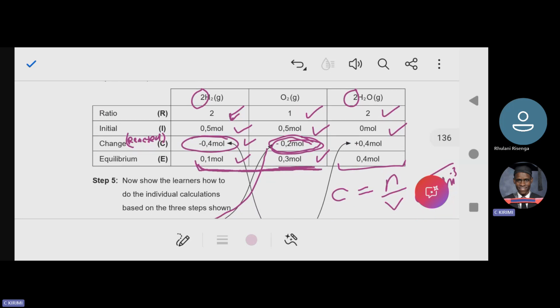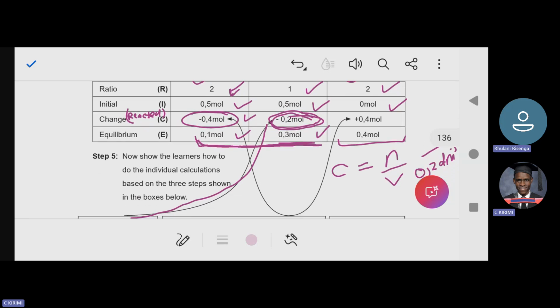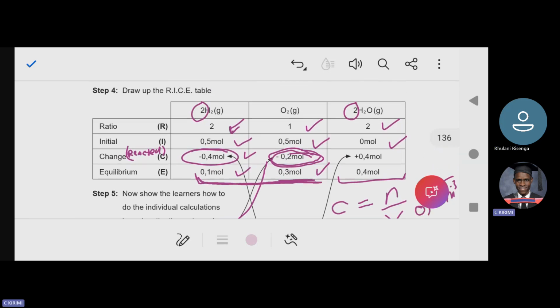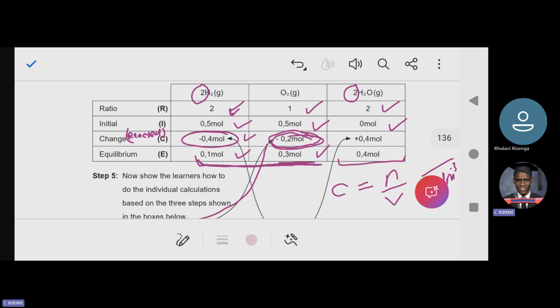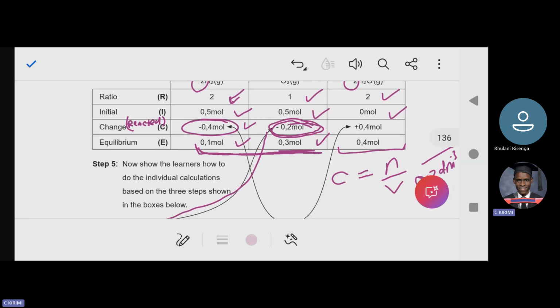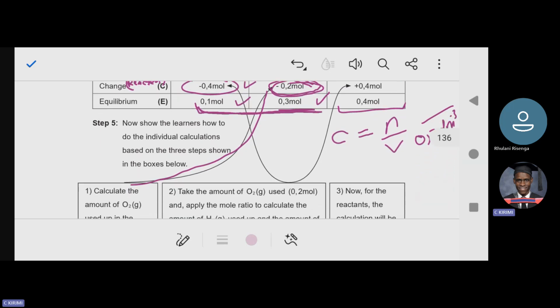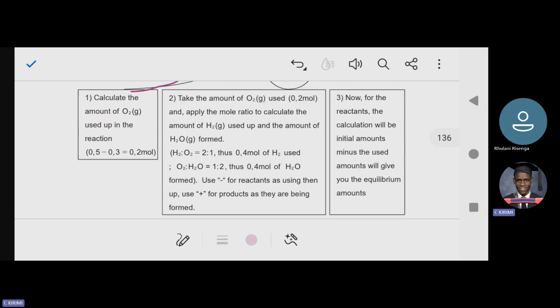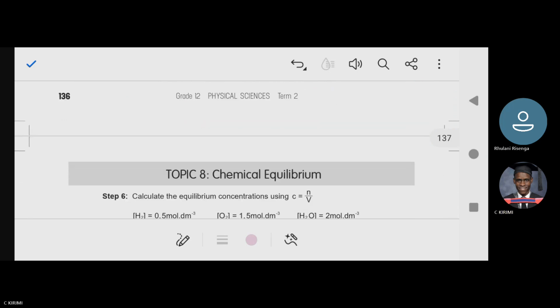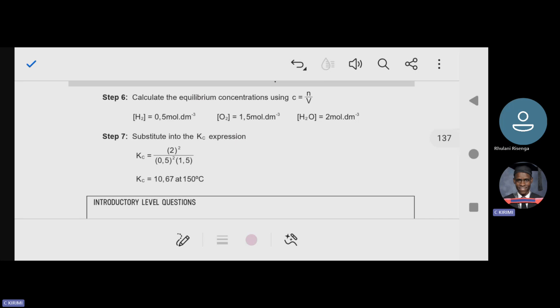Concentration of hydrogen, then you square. Concentration of oxygen, we are not squaring, but we divide by the concentration using those numbers of moles. Not the number that reacted, but the number of moles at equilibrium. So if you want the concentrations for water, are you getting the same values?